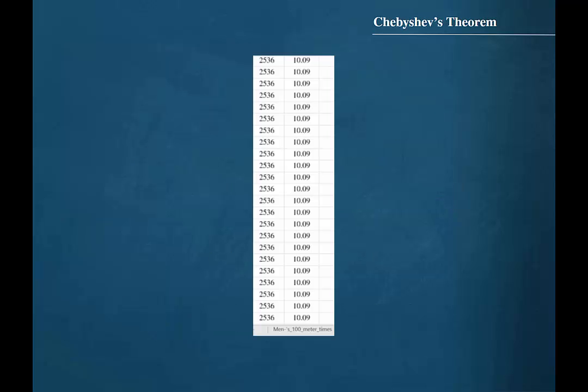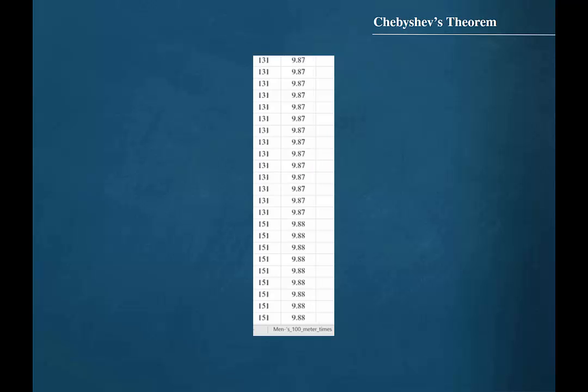Looking at the entire data set, we see that none of the data values are greater than 10.157 seconds. However, we also see that 150 of the 2,843 total data values are less than 9.877 seconds.